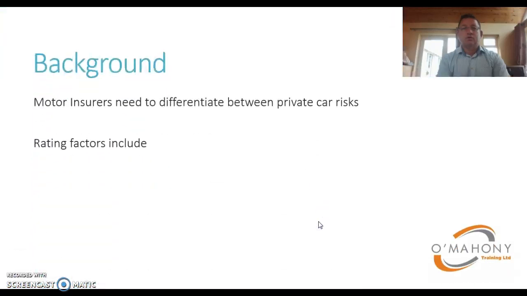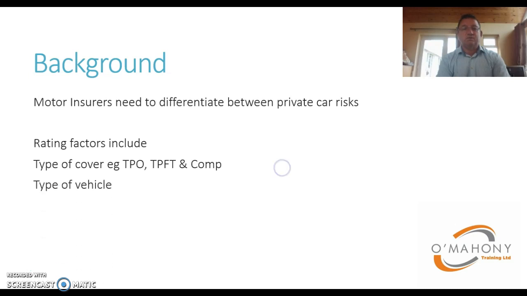So first of all, the background to the different classes of use really comes from the insurer's need to differentiate between private car risks. When private car risks are proposed to insurers, they need to rate these risks and use a number of rating factors. These rating factors include the type of cover. Obviously, third-party only cover is going to be cheaper than third-party fire and theft and comprehensive.